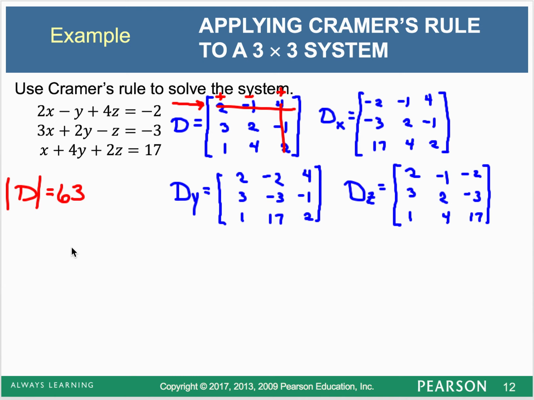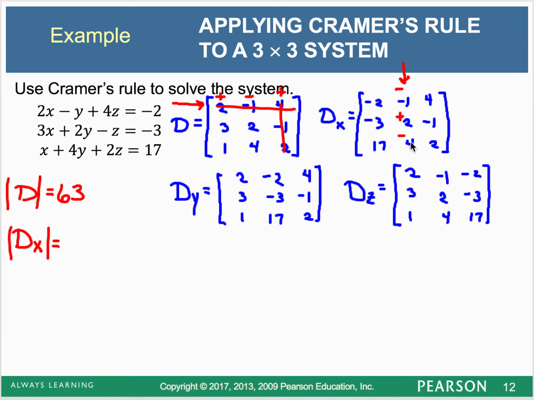All right, so if I'm going to find the determinant for D sub x, this one and this one are about the same. Let's go down this one. Okay, so we got plus, minus, plus, minus.